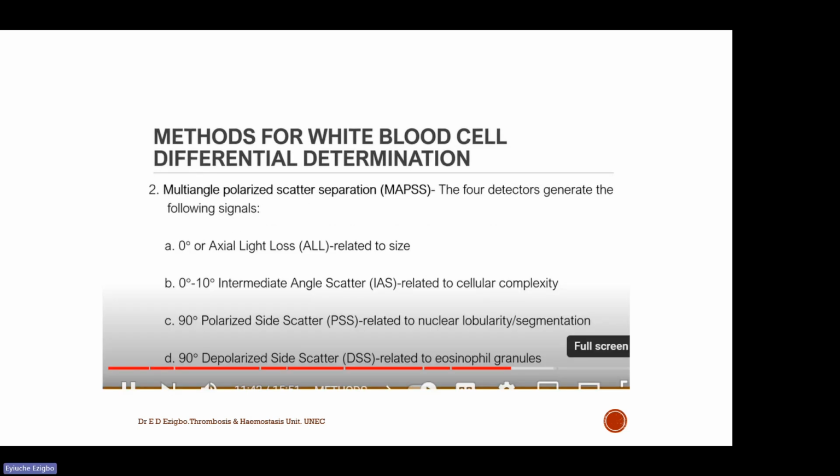When you go into the analysis of how this instrument actually analyzes these cells, they scatter the cells at various different angles, and that is what is being depicted here.